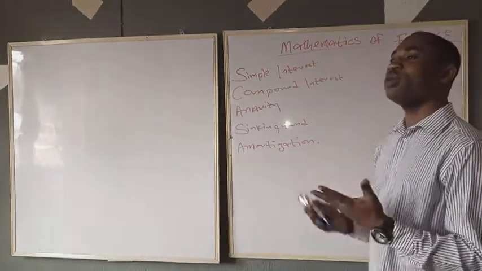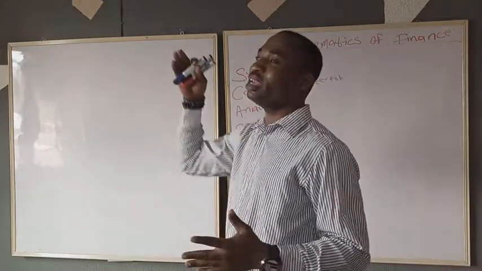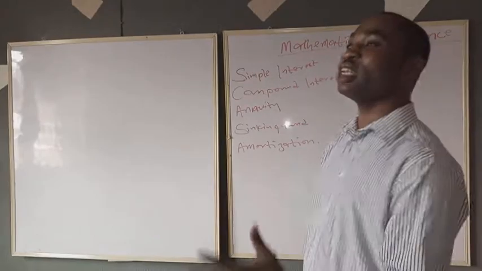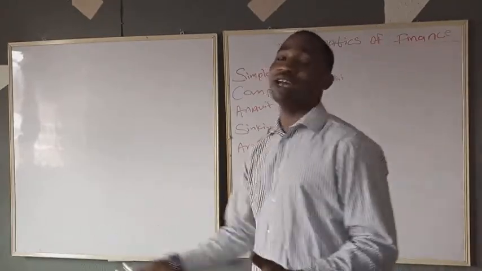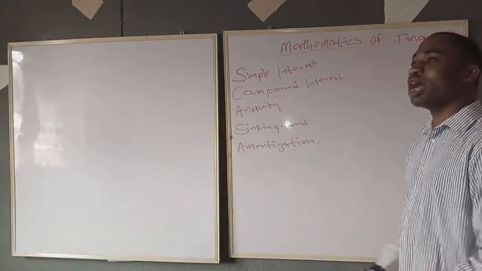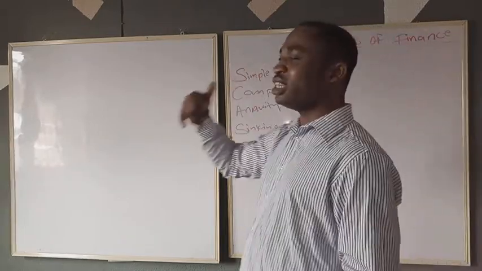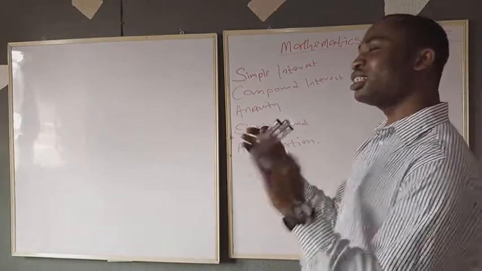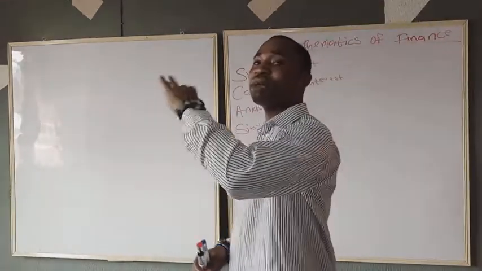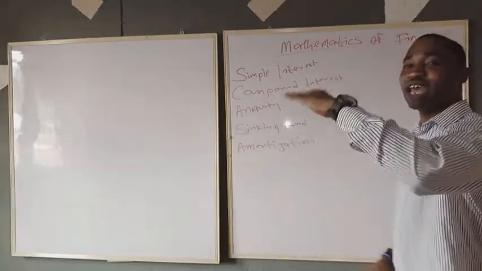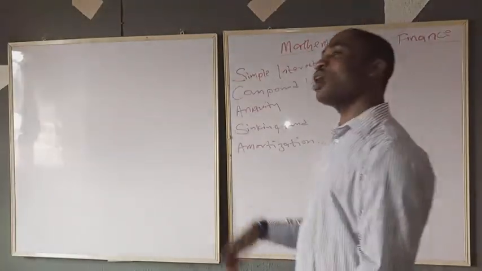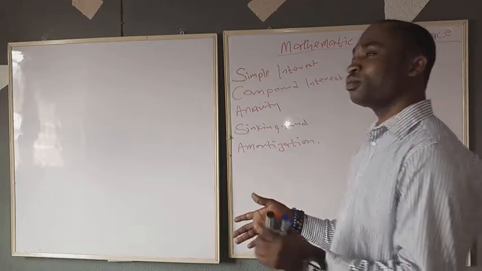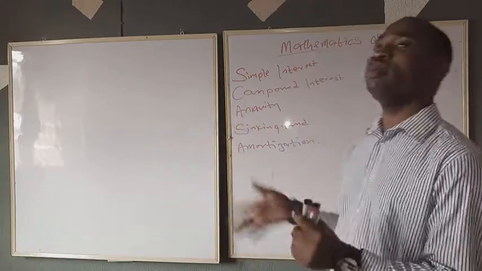That is, maybe you have an obligation to buy a particular thing in the next 2 or 3 years, or to replace something in the next 2 or 3 years. Let me just use our phone as an example. When you buy a new phone now, you know that in the next 2 or 3 years or so, you have to replace that phone. So you make an estimate of the kind of phone you want to buy in that time, and you search for a saving plan that has a good interest.